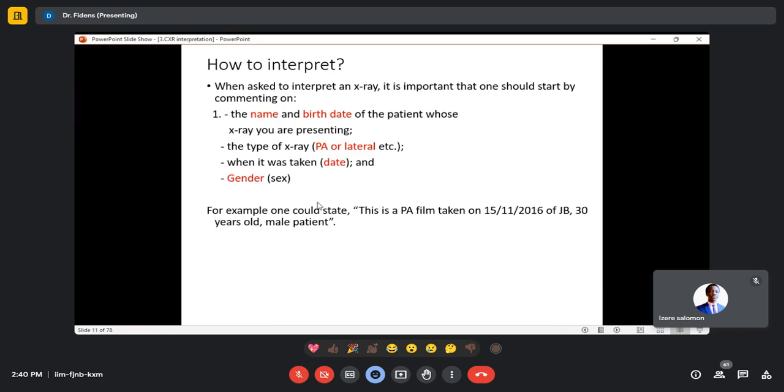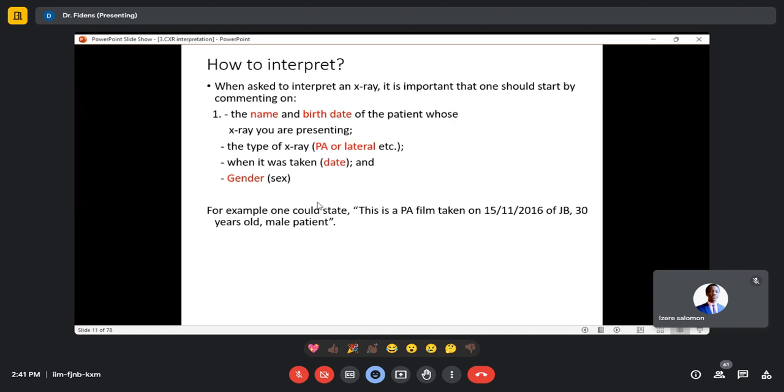You can give a report of an X-ray that has been taken 6 or 3 months ago. Maybe you report and say that this patient has TB while he has been under treatment and improved.